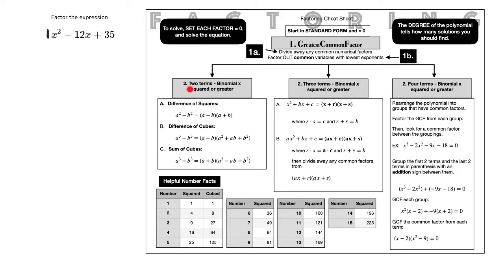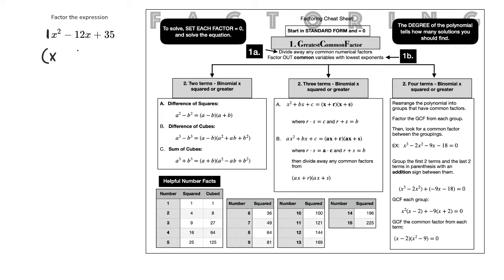Then if I look at how many terms I have, I don't have 2 terms. I've got 3 terms, which puts me into this middle group for factoring. The first type, when you have 3 terms, is when the a value isn't shown. See how there's no a there, and there is in part B. If your a is just 1, like it is in this section, or like it is in your problem, you just factor it as x plus r, x plus s.